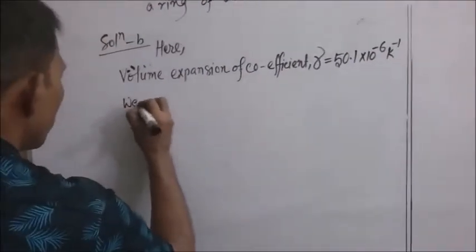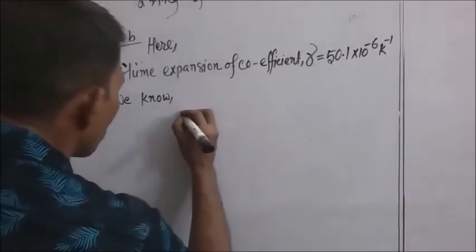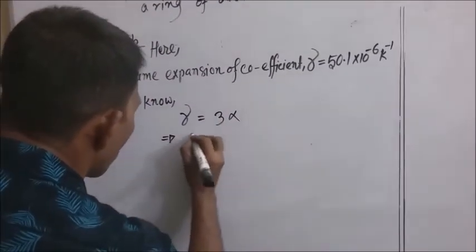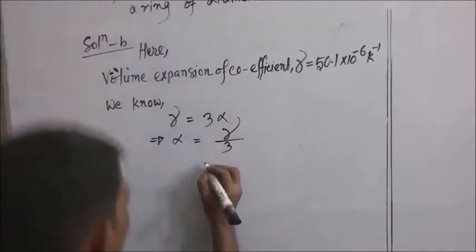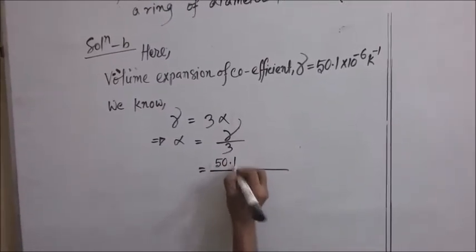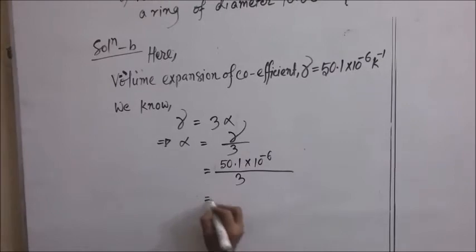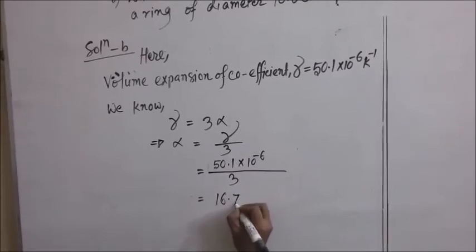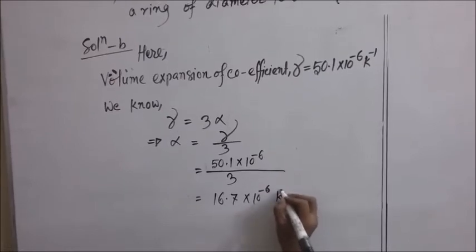We know gamma equal to 3 alpha, or alpha equal to gamma by 3, equal to 50.1 into 10 to the power minus 6 by 3, equal to 16.7 into 10 to the power minus 6 Kelvin inverse.